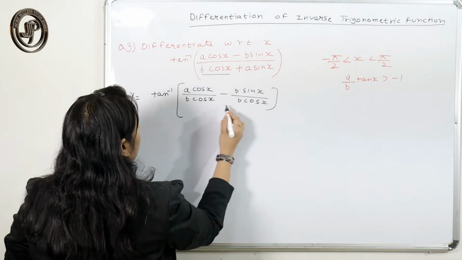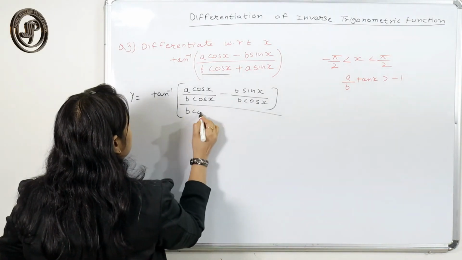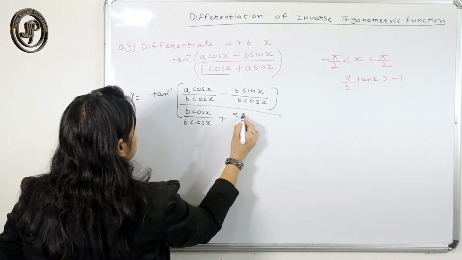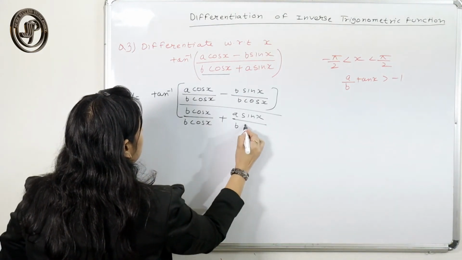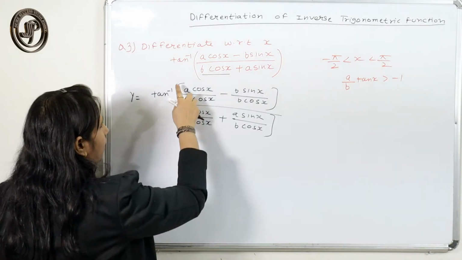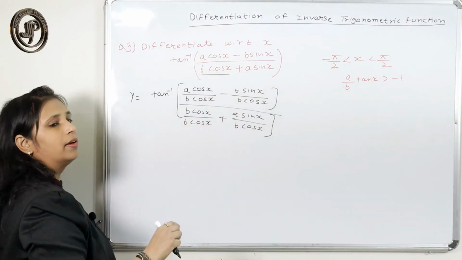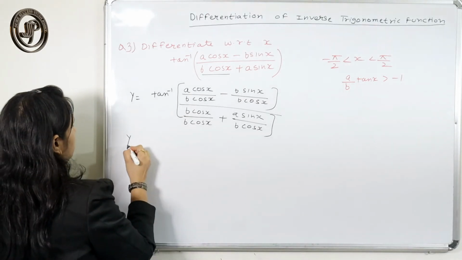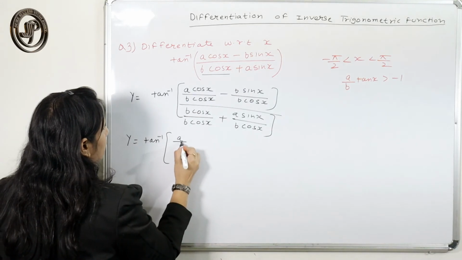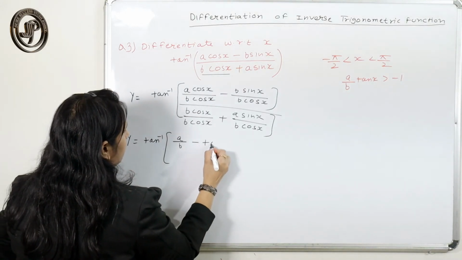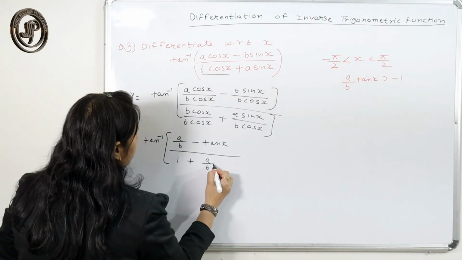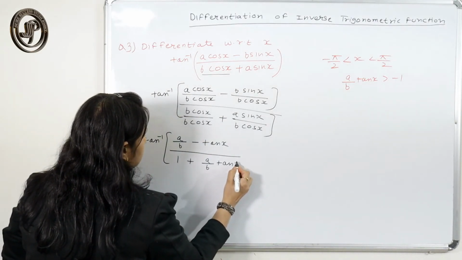You can just write divide numerator and denominator by b cos x. Then here you will get a by b minus tan x, and here 1 plus a by b tan x.